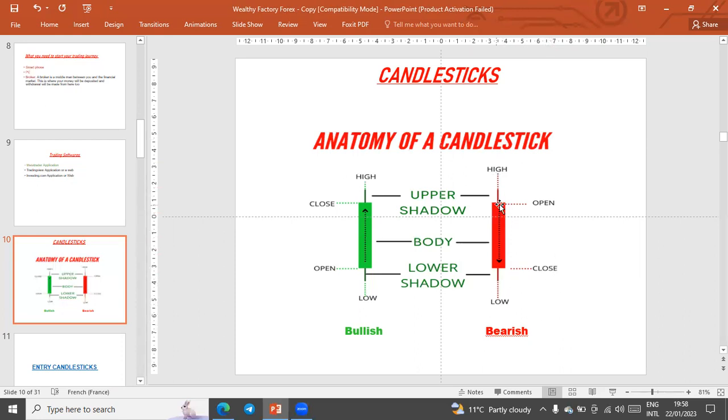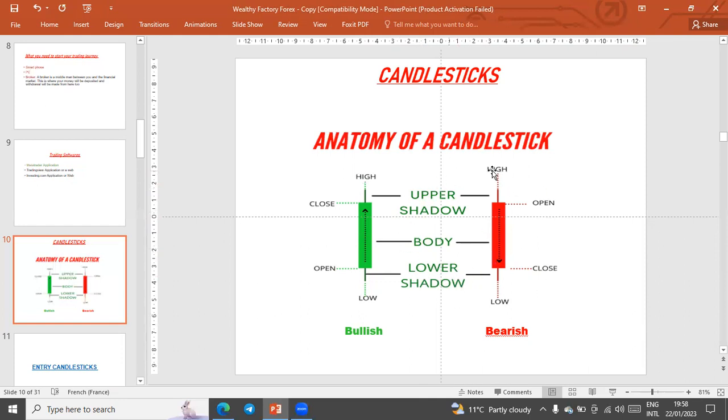Now, there is something that you can see like a tail. Here we have something like this, something like this here. These are called a shadow or a wick. The market is always going to form a candlestick that has got a shadow or a wick, right?